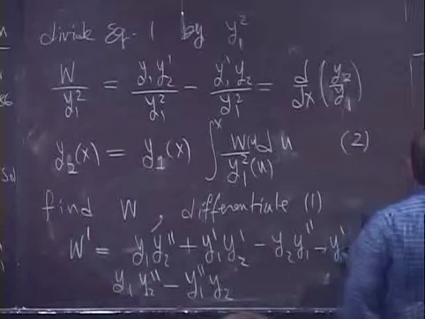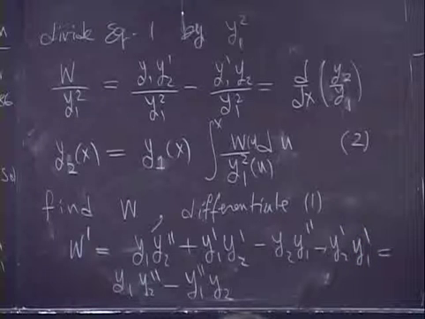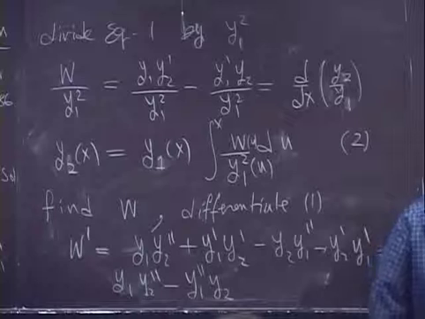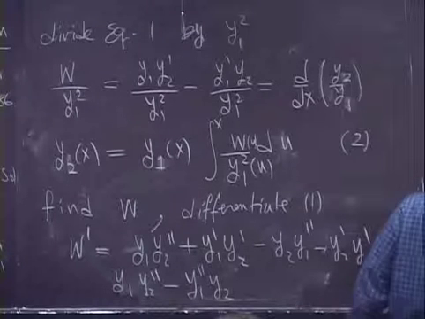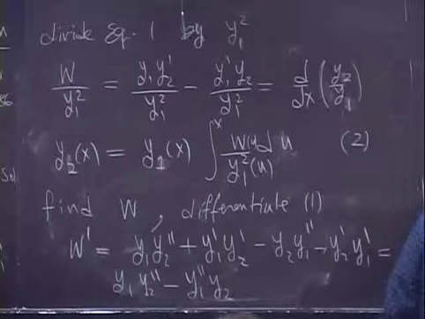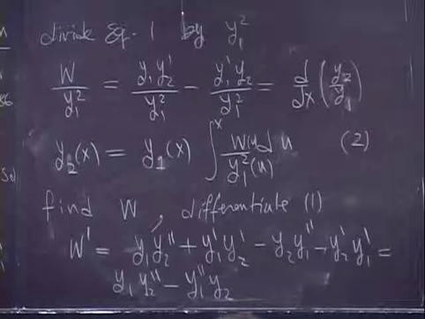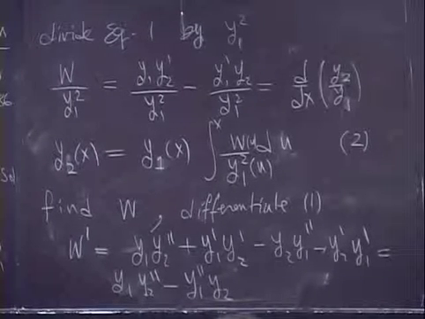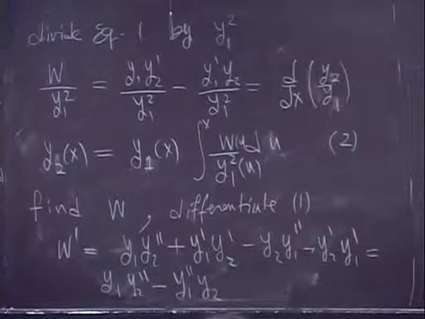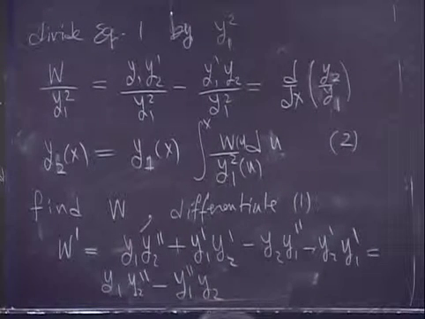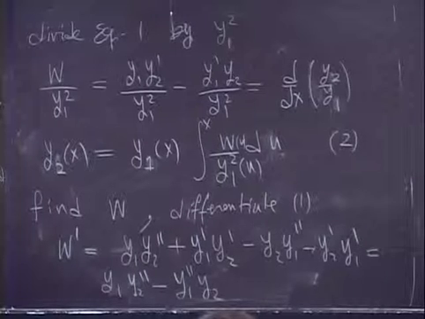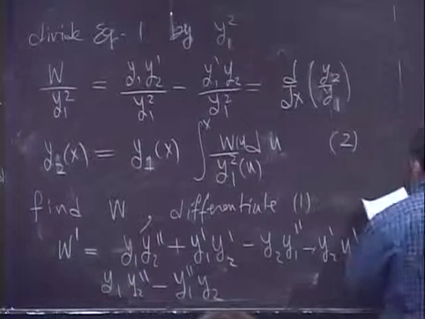But what do you think, guys? y1 and y2 are what? Linearly independent solutions for the differential equation. So if I substitute y1 and y2 in the differential equation, they should satisfy it.